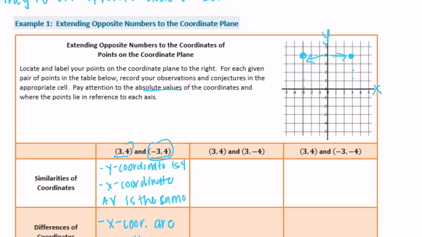So since they're the same distance from the x-axis, I'm using a different color. Since they're the same distance here, we can reflect them across the y-axis, right? They can go back and forth.